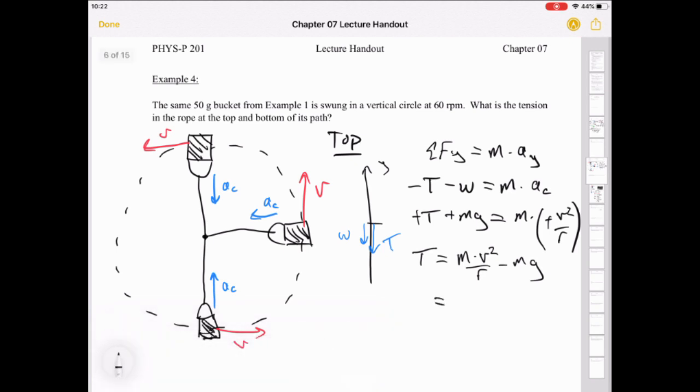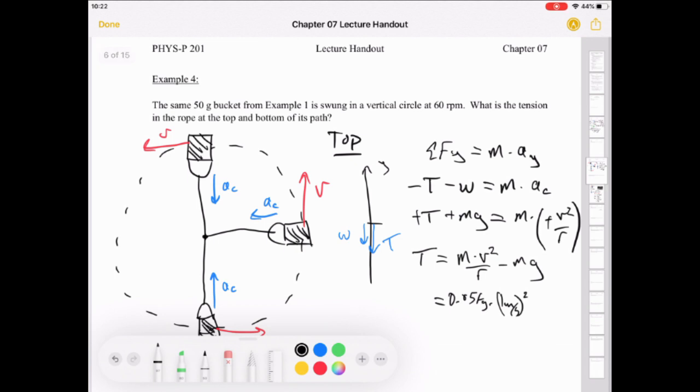Okay, so at this point we can plug some numbers in. So 50 grams, 0.05 kilograms times 1 meter per second squared. Is that one? Nope, that's wrong. We're swinging at 60 RPM, right? 60 RPM turns out to be 6.28 radians per second.